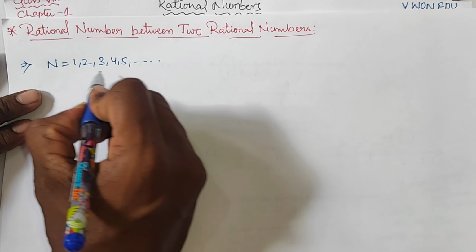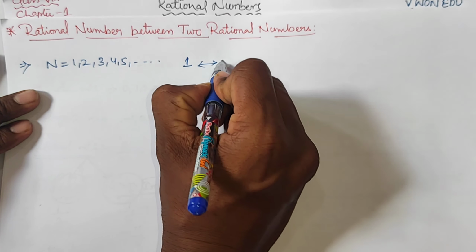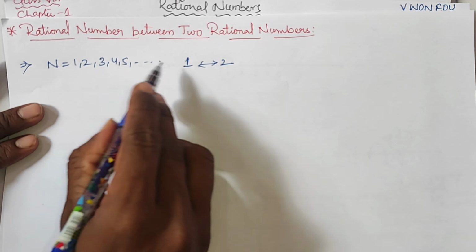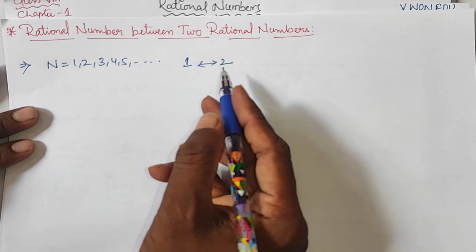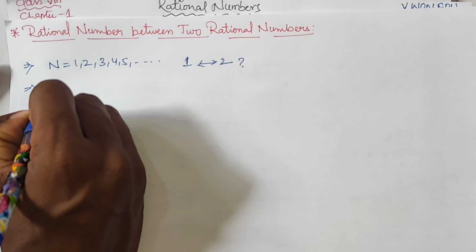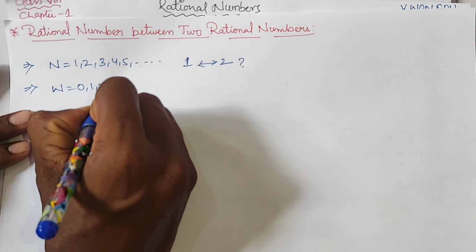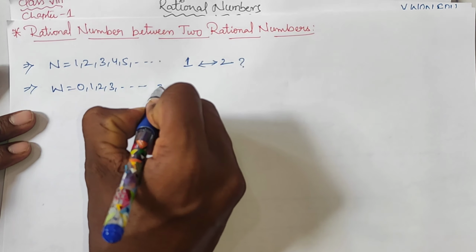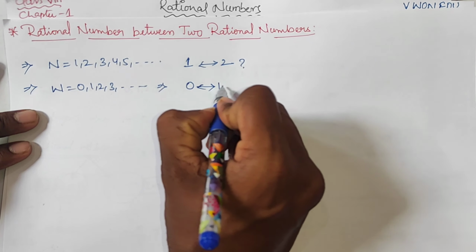Now tell me, is any other natural number possible between 1 and 2? Think once. Second I am considering whole numbers: 0, 1, 2, 3 and so on. Is any whole number possible between 0 and 1?